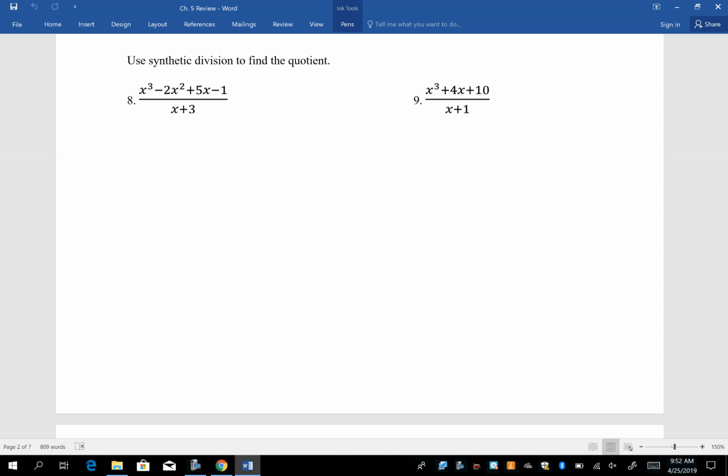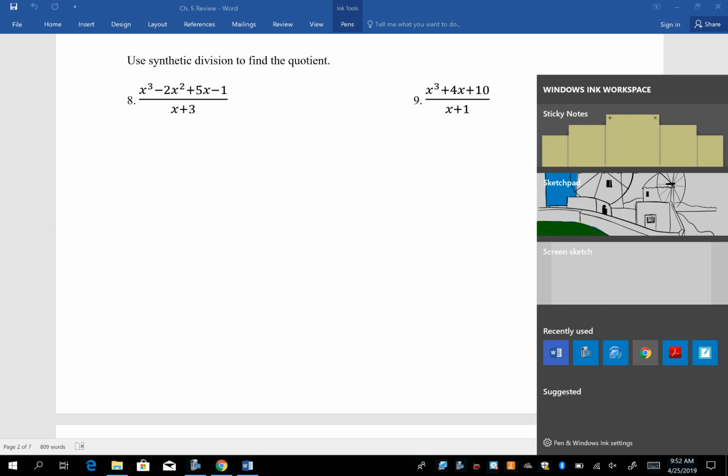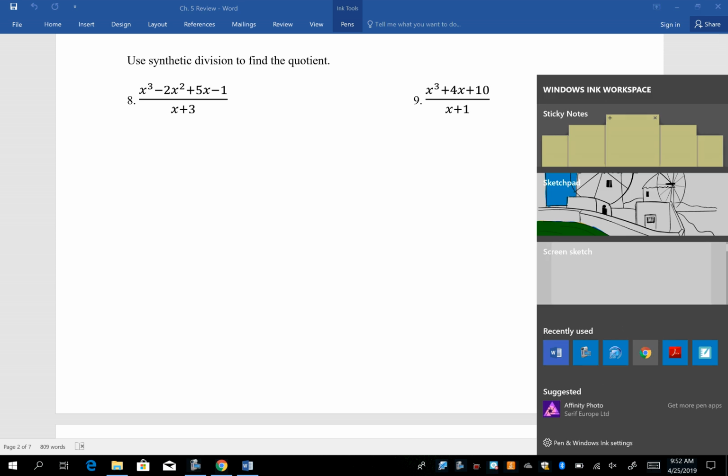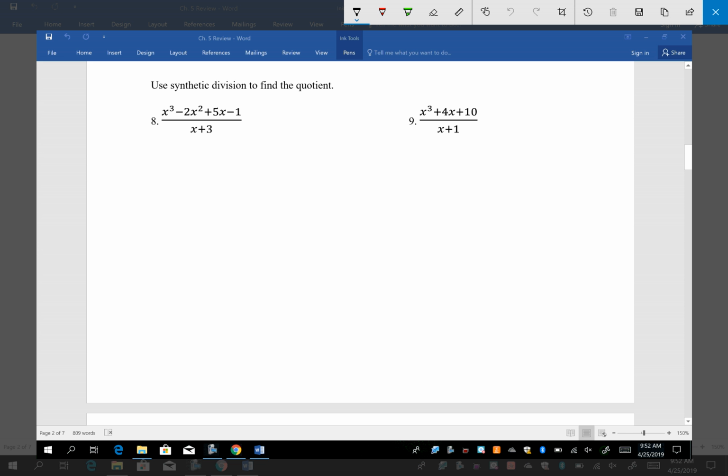If you look at 9, you'll notice you'll need a placeholder. So when you write your coefficients, it's going to be 1, 0, 4, and then 10. I would love to get 0 because I'm going to need that when we do the next problem on the next page.